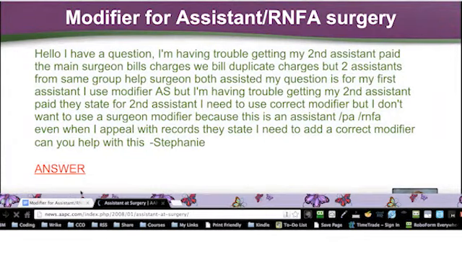So what I suspect is going on here for you, Stephanie, is that they just aren't considering the second one medically necessary. So I would bill the one that would give you the most return. So if you have a non-AS physician, then I would use the regular 80 code before the AS.